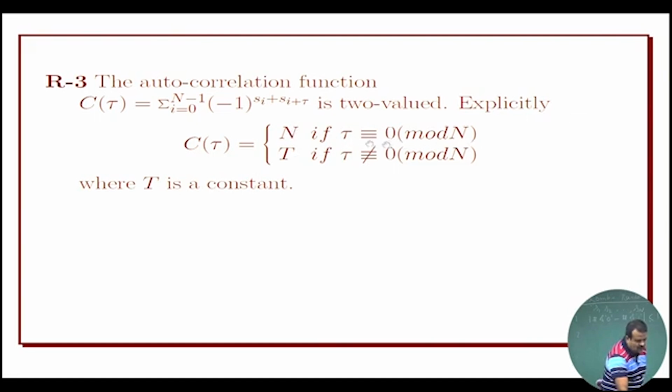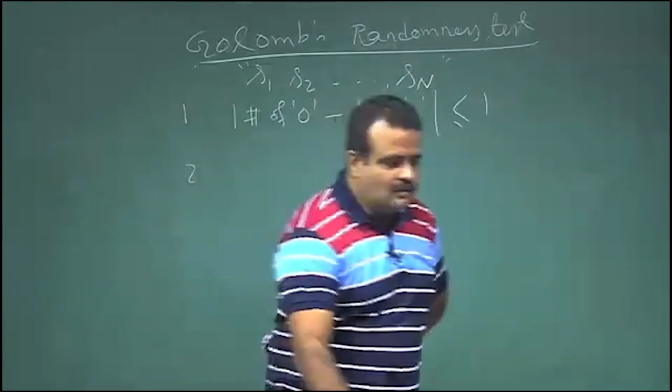If tau is a multiple of n, it is n, otherwise it should be a constant. So, this is the autocorrelation function. If this is a constant function, then we say the third rule of Golomb's is satisfied.